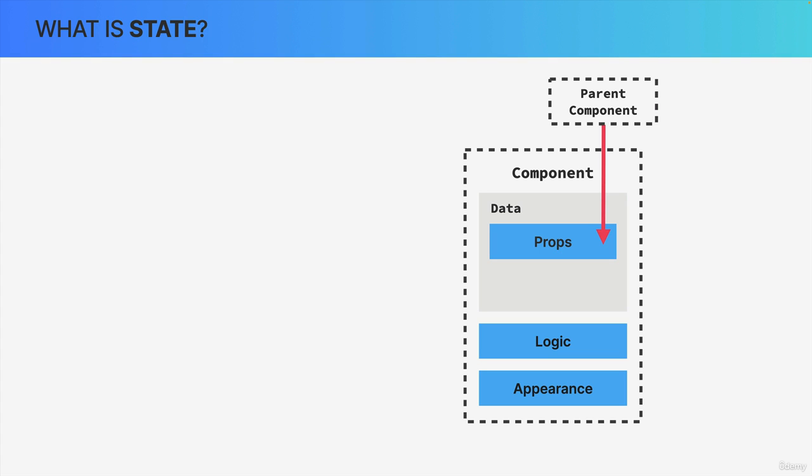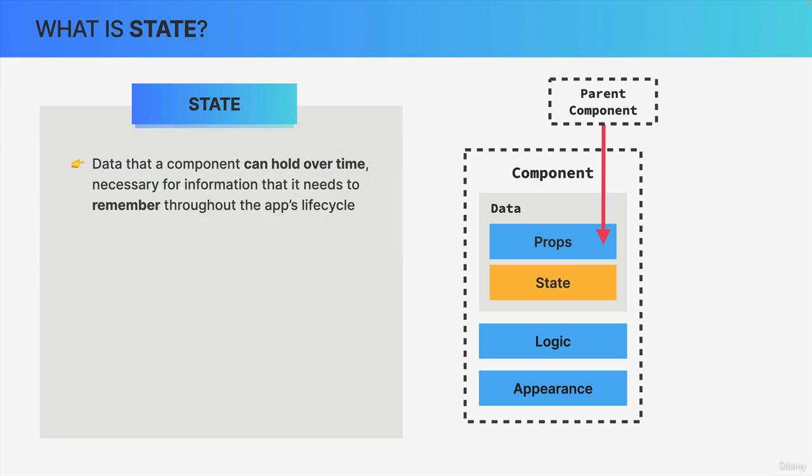Well, that's where finally state comes into play. So state is basically data that a component can hold over time, and we use it for information that the component needs to remember throughout its lifecycle. Therefore, we can think of state as being the memory of a component.